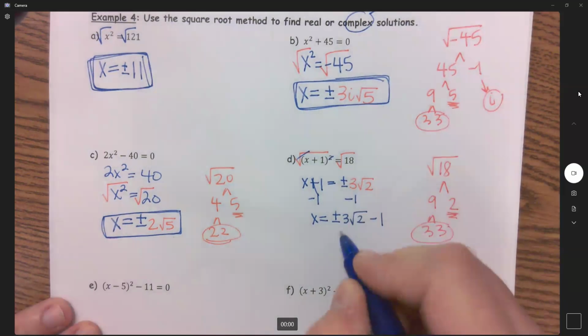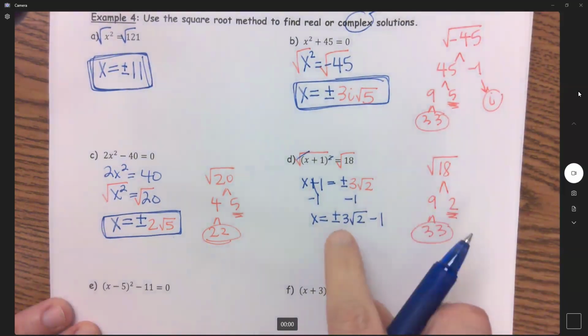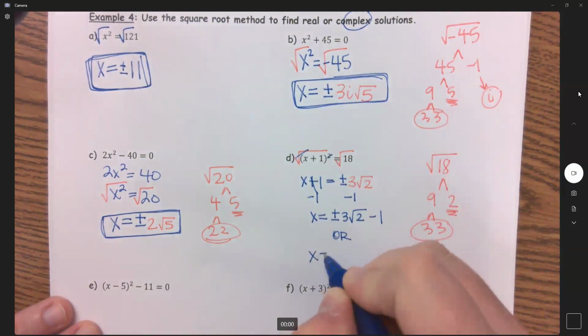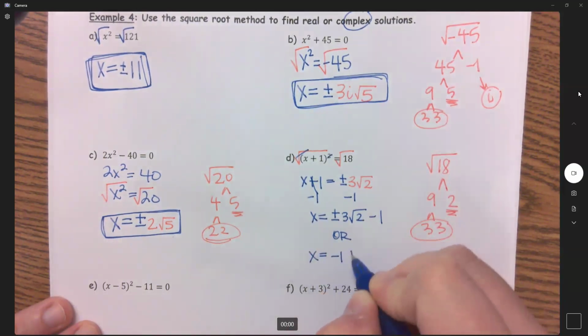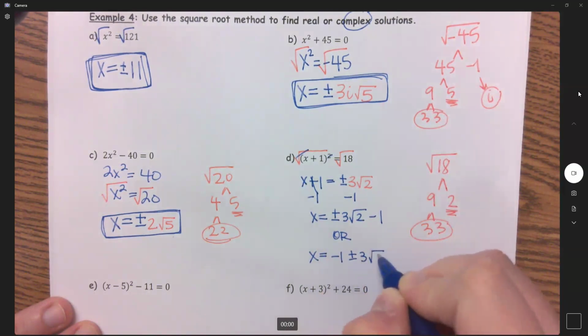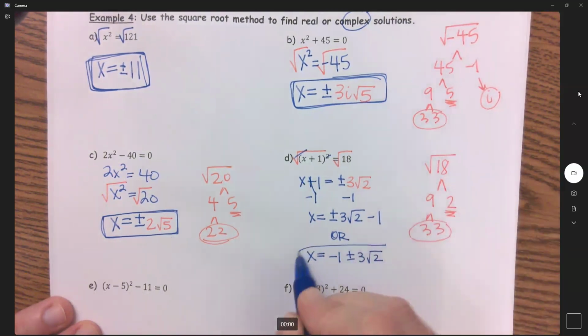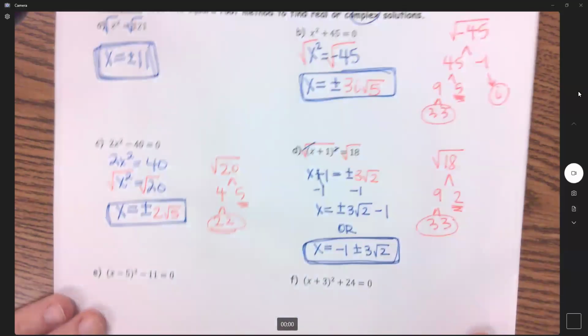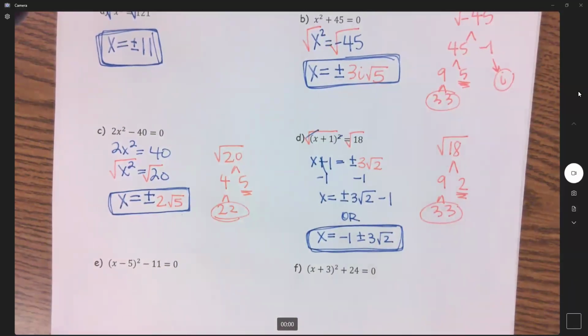So for me personally, I like this plus or minus to go at the end. So I'm going to write my answers as negative 1 plus or minus 3 square root 2. So you can again graph it: negative 1 plus 3 square root 2 and negative 1 minus 3 square root 2 are your x-intercepts.